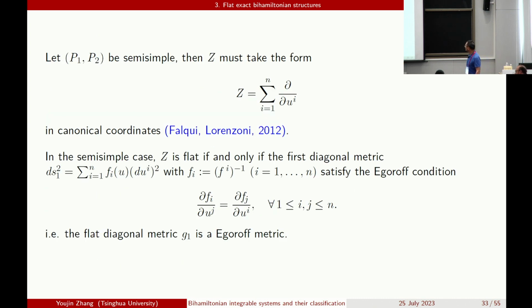And then in the flat canonical coordinates, we call U1, U2, and UN canonical coordinates. Then this unit vector field Z can always be represented in this form. And then this flat exactness of this bihamiltonian structure requires that the first flat metric is Egorov, meaning that this coefficient satisfies the conditions. Okay.